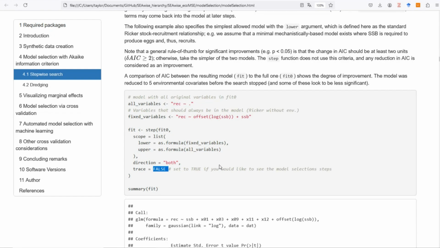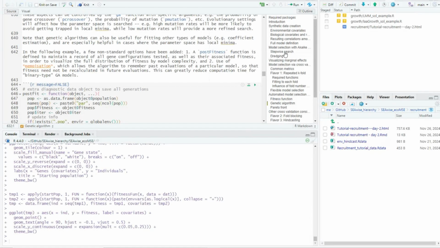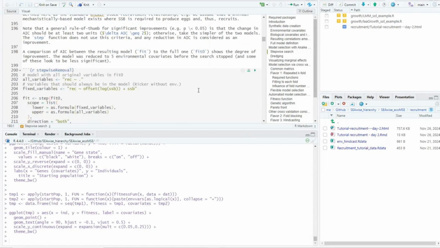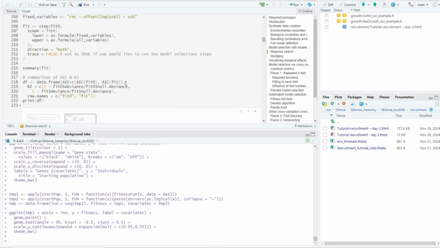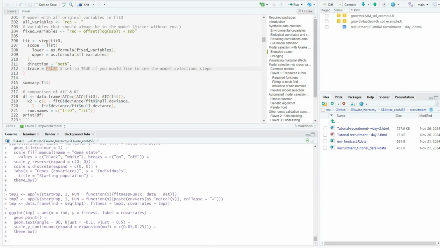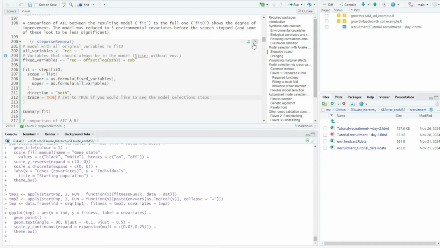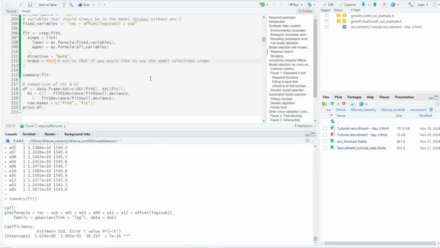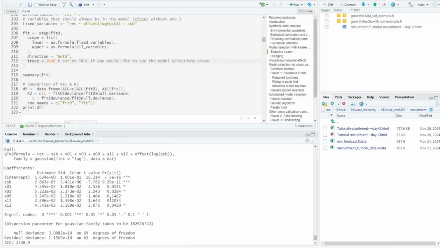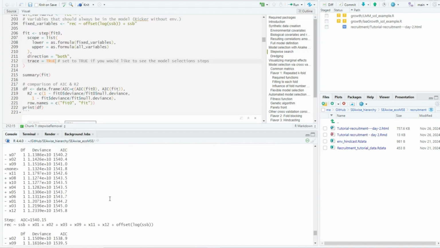If you want to look at what's happening during each of the steps, you can have this set to true. And then maybe I'll do that just so you can see what it looks like. And you can see it runs fairly quickly through all of these models.